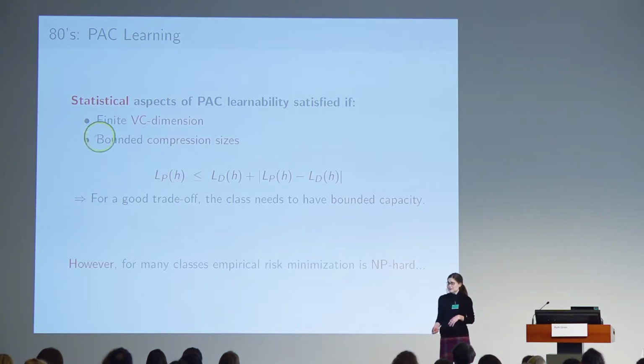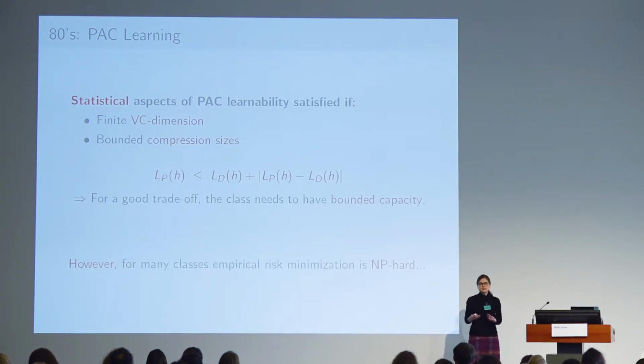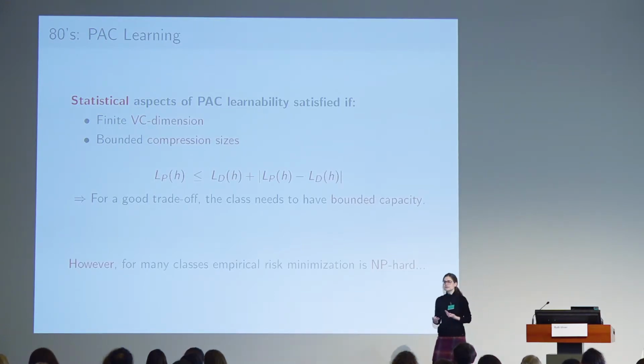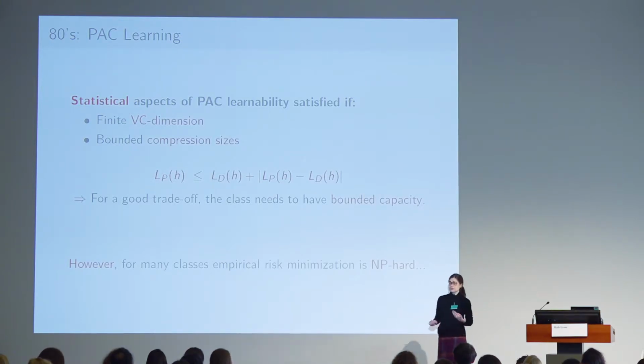But what was also realized then is that for most function classes that we actually would like to use, this is actually a computationally hard problem, right? So then people were really starting to work on this relation, or the connection, between the statistical efficiency and the computational efficiency.